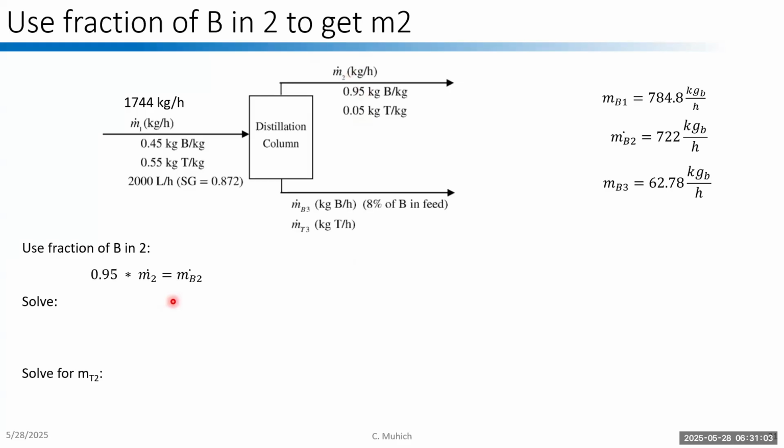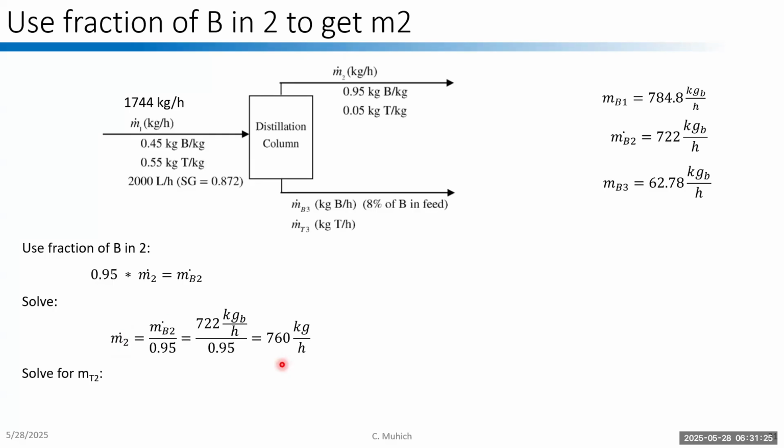We were told that 0.95 of M2 equals B2. Well, I know what B2 is. So I can rearrange this equation, and I can find that my flow rate out the top is 760 kilograms per hour.